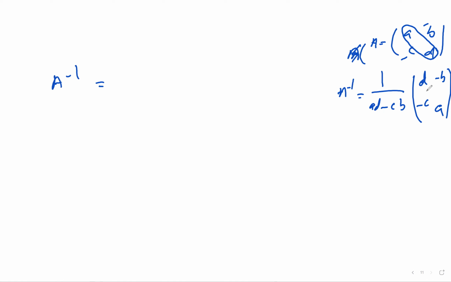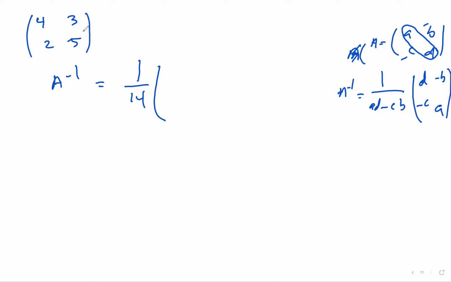So when we apply this to the matrix that we have, A inverse is equal to 1 over 14, and the matrix that we had was 4, 3, 2, 5.